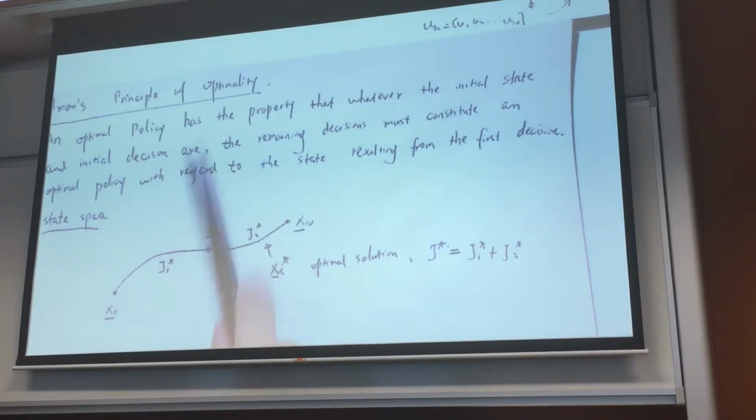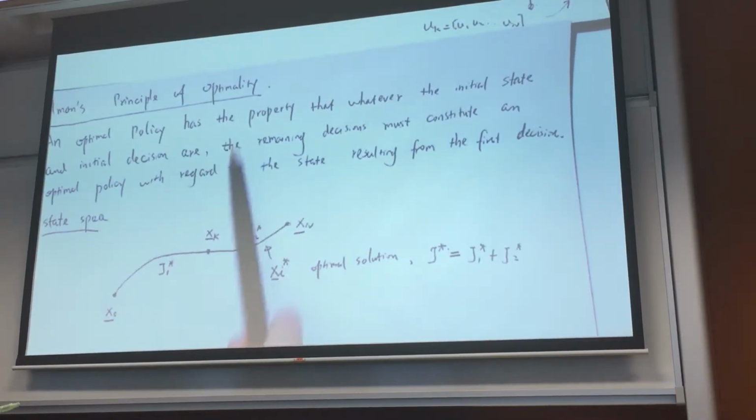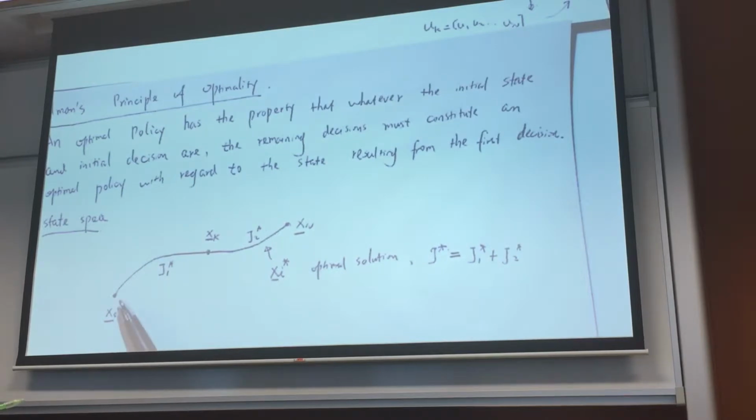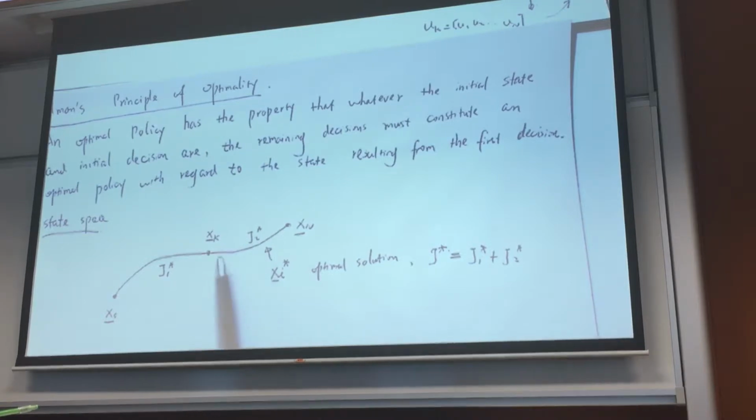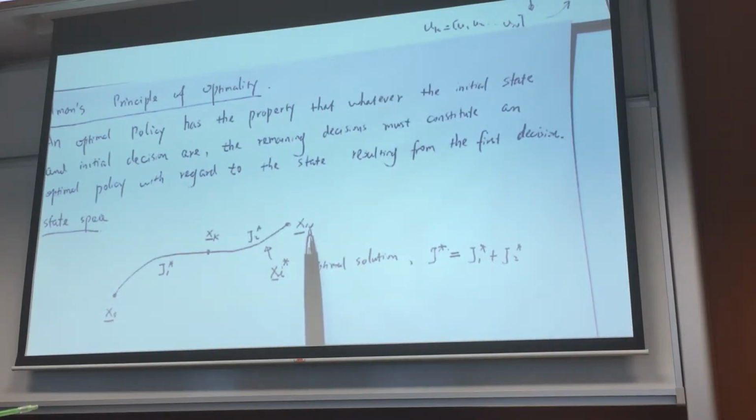The principle of optimality tells us that instead of solving the whole problem from x0 to xn, if you solve the problem from xk to xn, then this segment from xk to xn is also optimal as part of the whole trajectory.